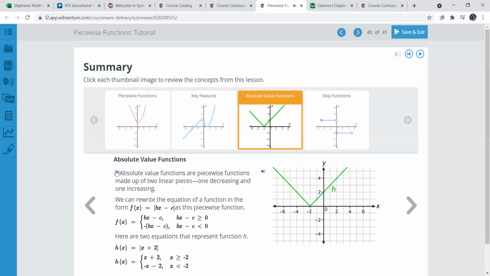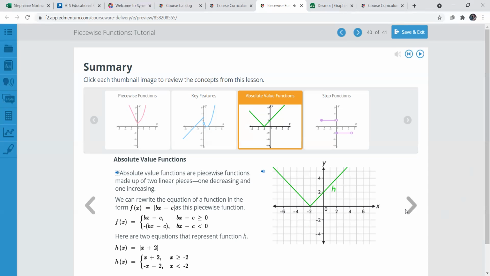F of x equals bx minus c for bx minus c greater than or equal to 0, and negative of bx minus c for bx minus c less than 0. Here are two equations that represent function h. H of x equals mod of x plus 2. H of x equals x plus 2 for x greater than or equal to negative 2, and negative x minus 2 for x less than negative 2.